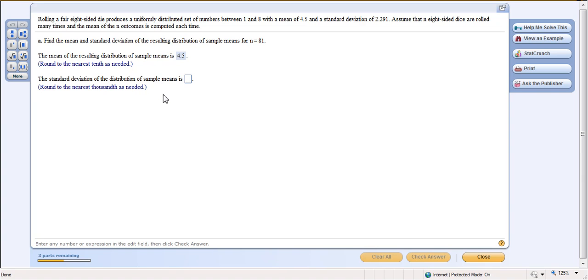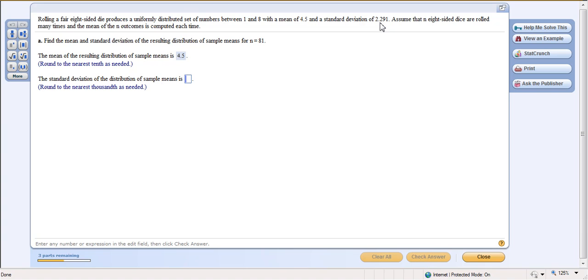Now it says the standard deviation of the distribution of sample means. The original distribution is 2.291, and the sampling distribution standard deviation is going to be smaller. Okay, it's always going to be that size or smaller, because you're going to take this number and divide by the square root of n.